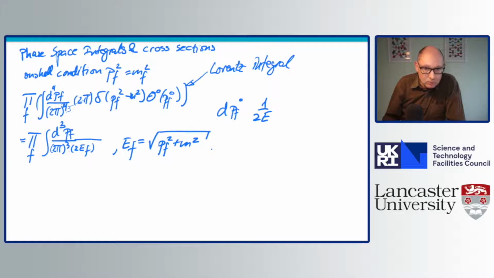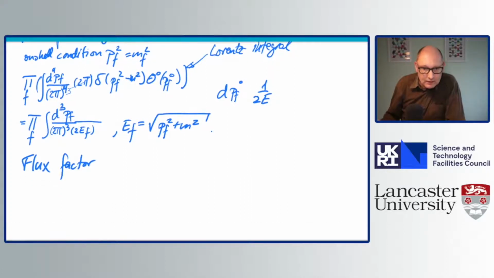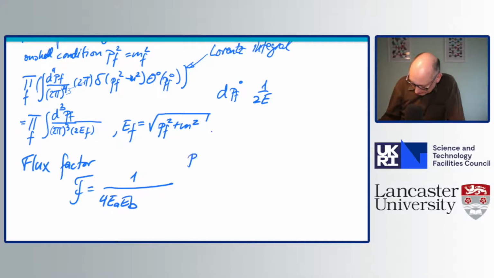Now, when we want to express the cross-section, then we need to normalize with the flux of the incoming particles. The flux factor can be written as F is equal to 1 over 4 times the energy EA, the energy EB, for a scattering pA, pB going to something.